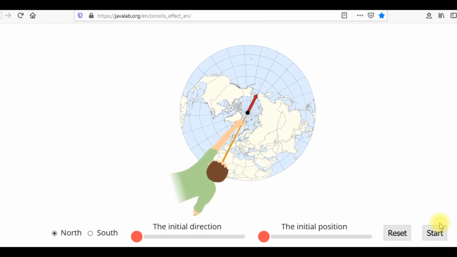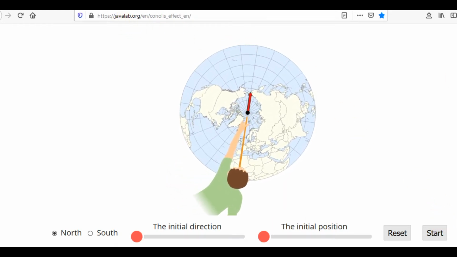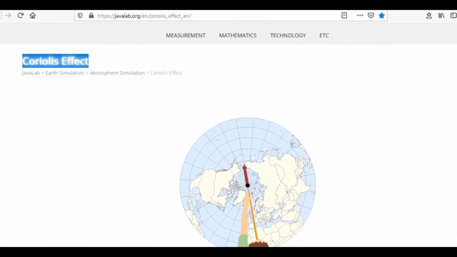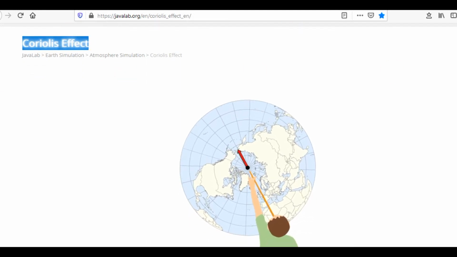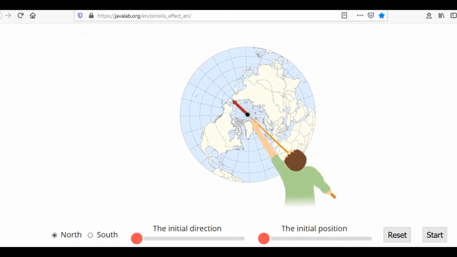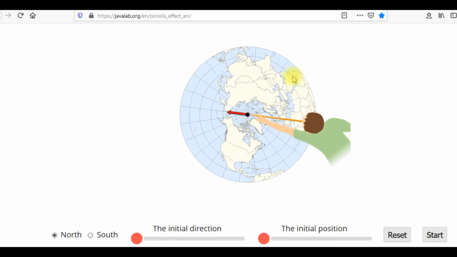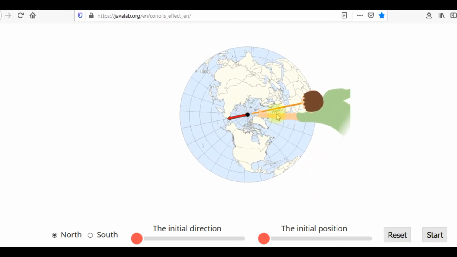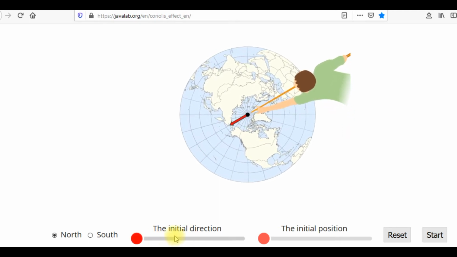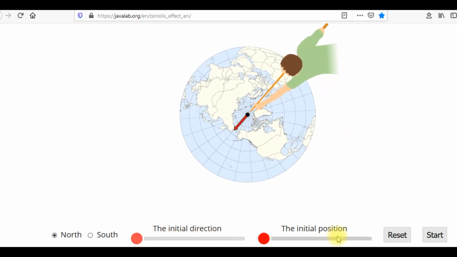This is another website that deals with the Coriolis effect, as we see here on top. So you see this man playing pool on the top of a rotating ball Earth. So what I will do, this is the initial direction and the initial position.